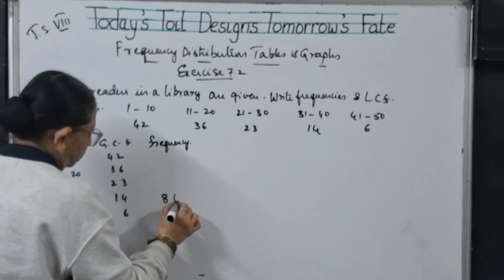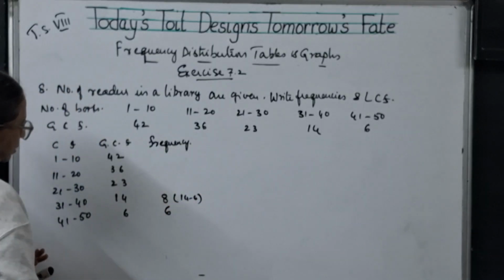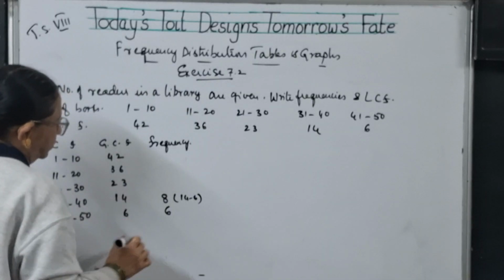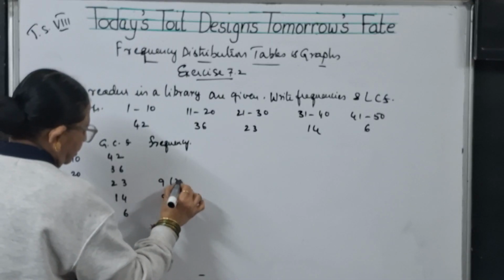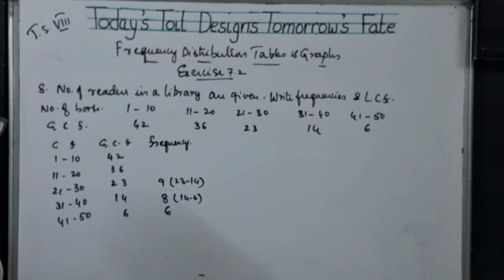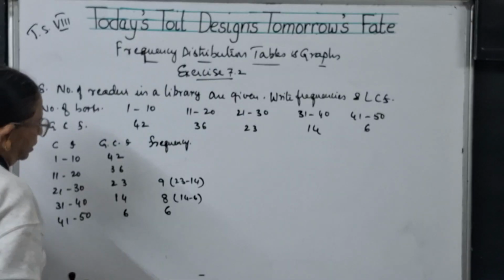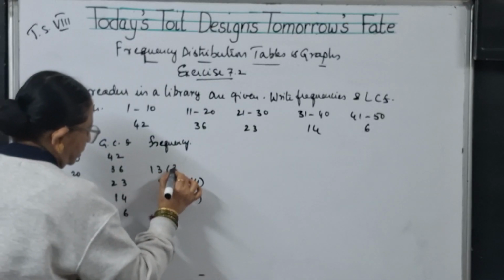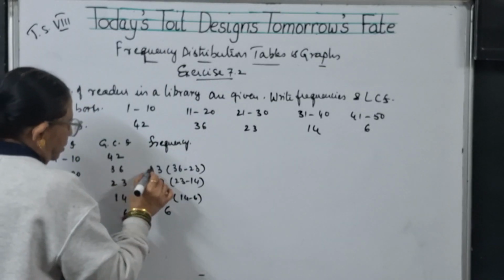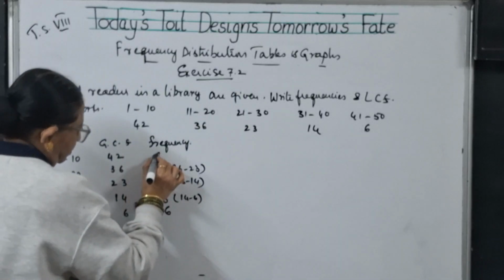Now the next one, 23 minus 14, that is 9. Next, 36 minus 23 is 13. Next, after 13, 42 minus 36 is 6.